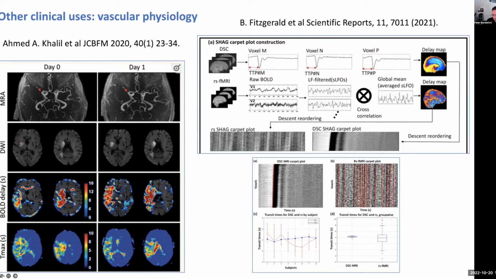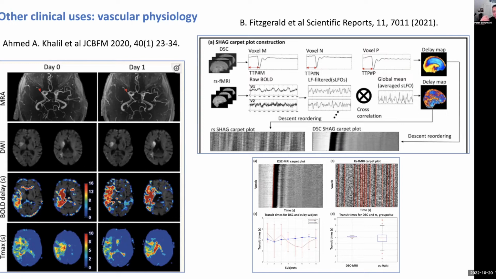This is another technique where Blaise Frederick's group developed the use of carpet plots. You map the time series of every voxel in the brain, and as opposed to looking at the global signal, he finds that typically you have these ripples.